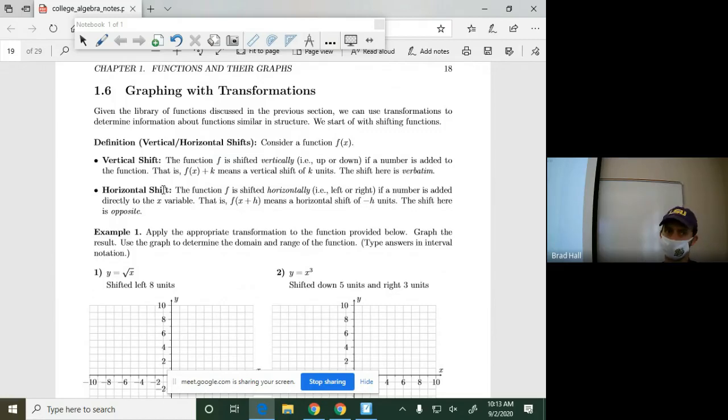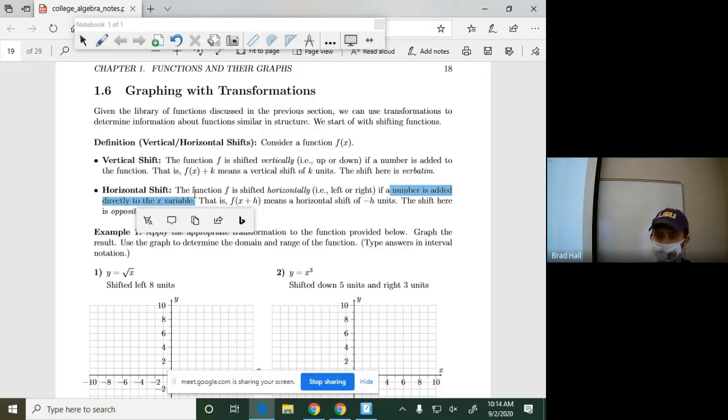Again, we all understand that visually, but algebraically, this is when you add or subtract a number to the x variable. So when a number is added directly to the x variable, not to the function, but directly to the x variable, the x has to be right next to the number for that to be a shift left or right. And we'll do a few problems talking about that, no doubt.